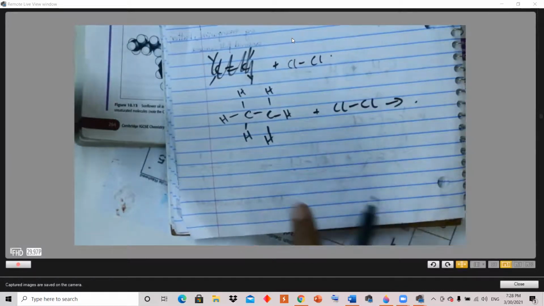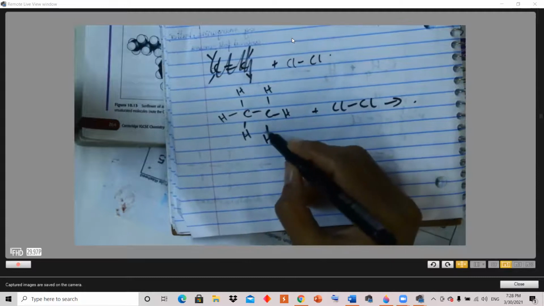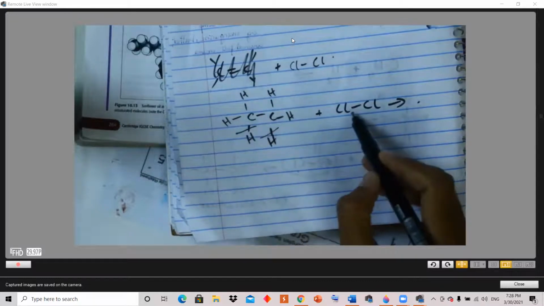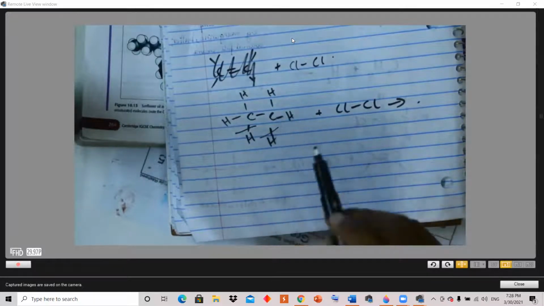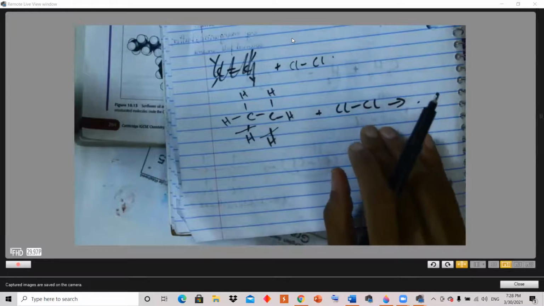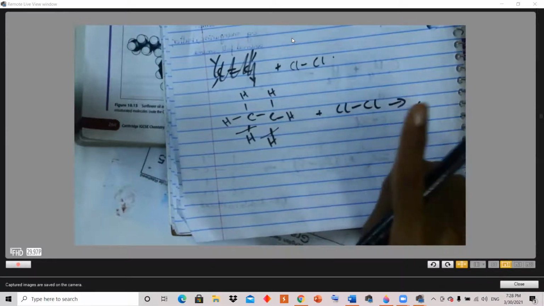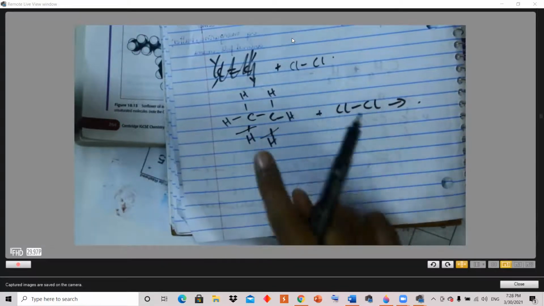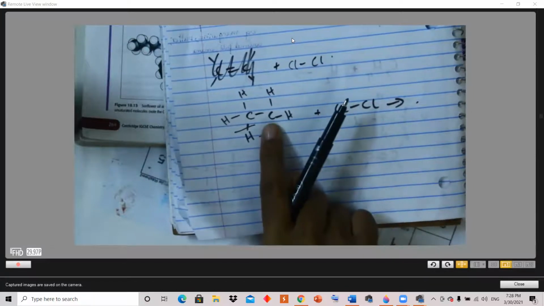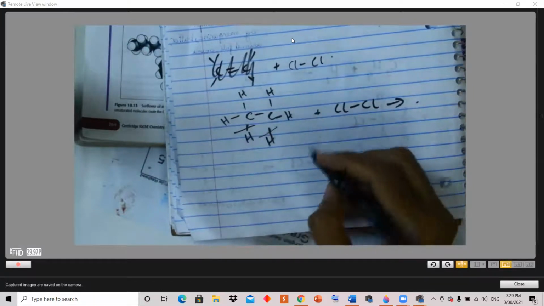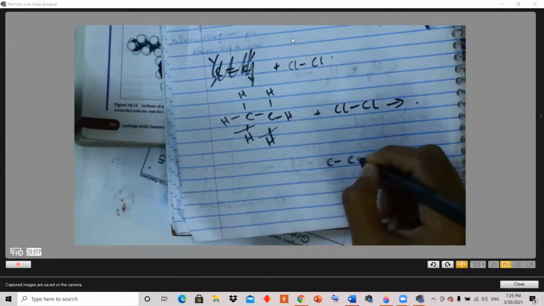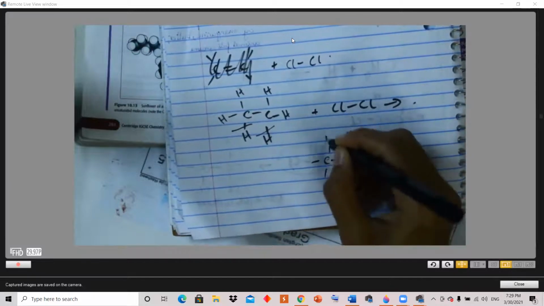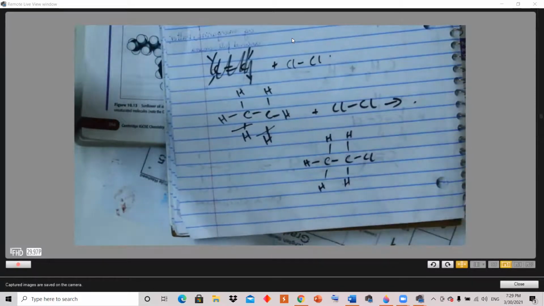So these hydrogen atoms will break and chlorine atoms can come and attach, one atom at a time. Because there are no double bonds here, only single bonds, first this hydrogen will be removed and this chlorine will come and take its place. And so we can have chloroethane. You can show the chlorine anywhere, down or side. So this is chloroethane.